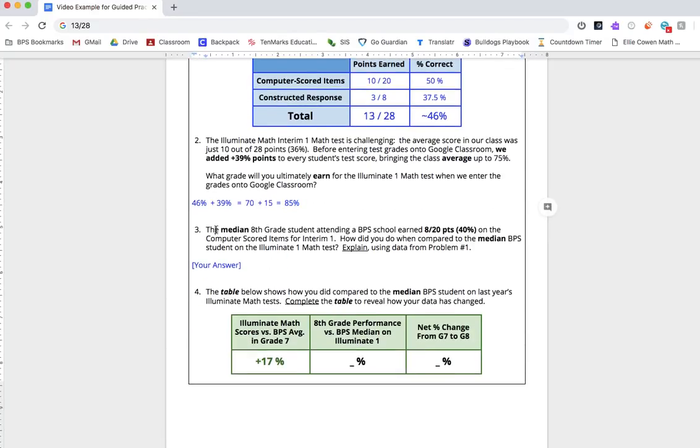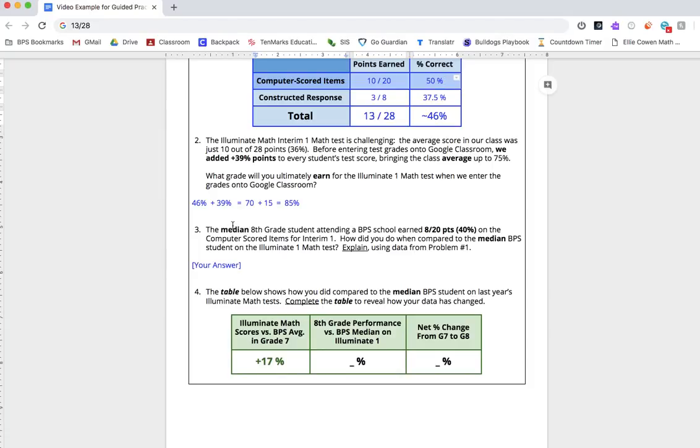The last 2 pieces are going to have you start comparing your score, in this student's case 46%, to how the other students did across the city. But because the other students in the city only have computer scored items for all of them, the constructed response might not get graded by their teacher. We can really only compare computer scored items when we talk to other students across the city.